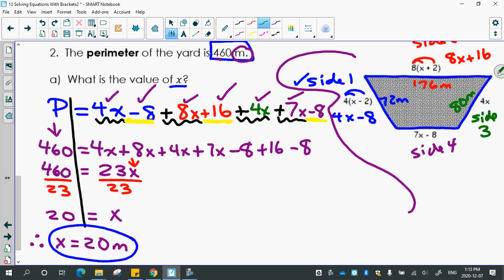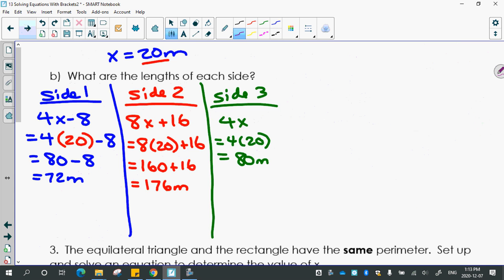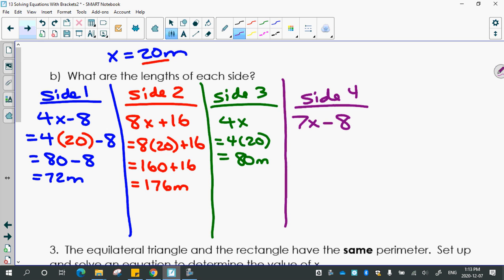Okay? So we're going to find this last one, side 4, which is 7x minus 8. Seven x minus 8.